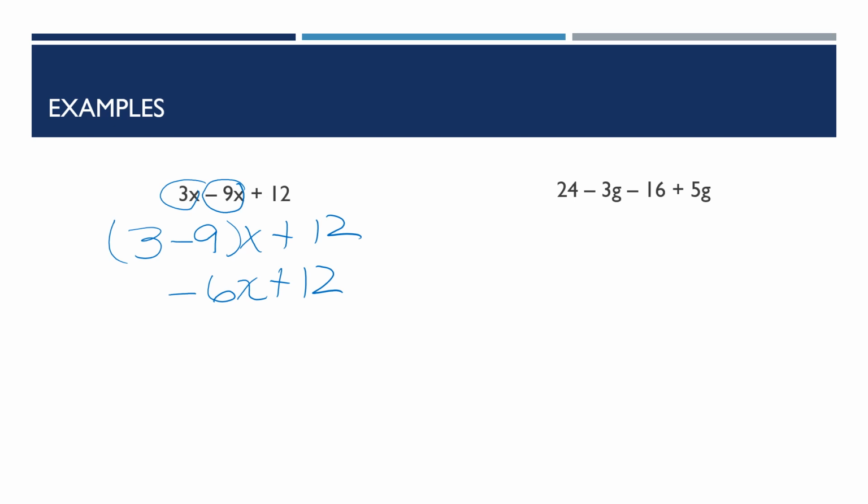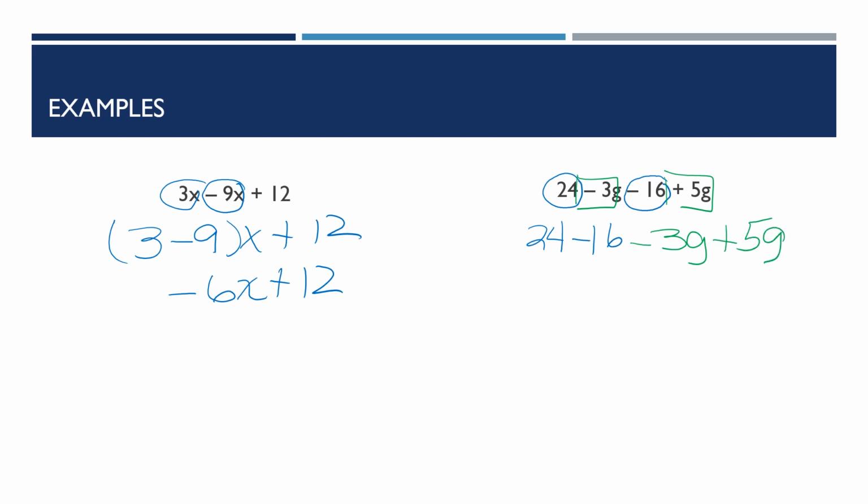In this next example, I'm going to reorganize this real quickly. Here are my like terms. So I'm going to rewrite this as 24 minus 16. And then I'm going to move the g's together as well, so that it's negative 3g plus 5g.